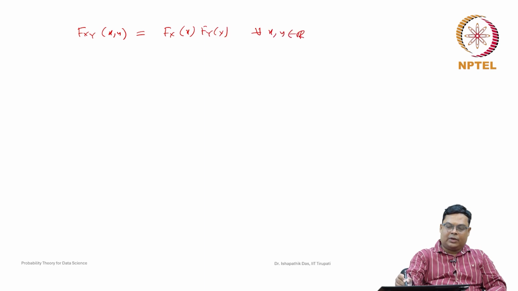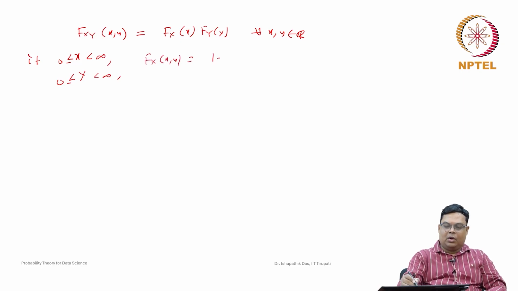We have to show that F_XY(x, y) is equal to F_X(x) F_Y(y) for all (x, y) belonging to the real numbers. So, if both x and y are positive, then F_XY(x, y) is nothing but (1 minus e to the power of minus alpha x)(1 minus e to the power of minus beta y), which is nothing but F_X(x) into F_Y(y).